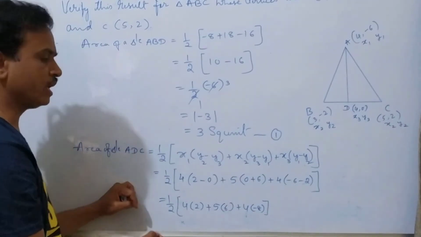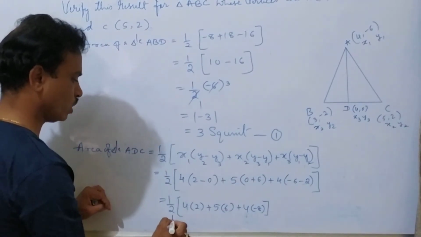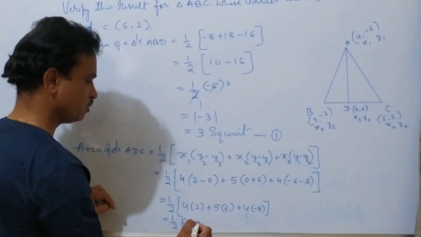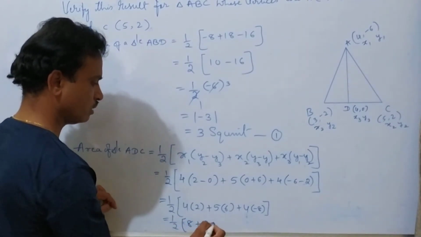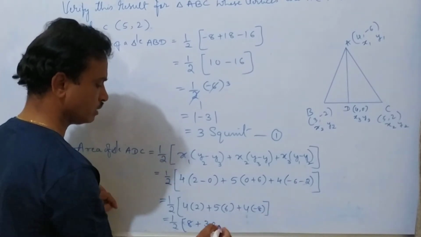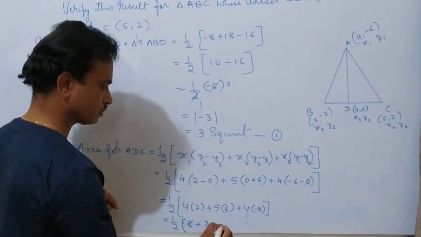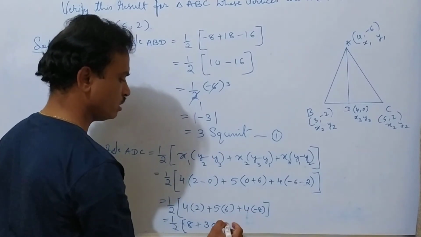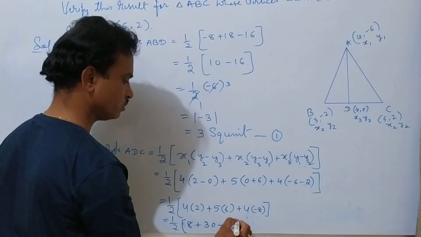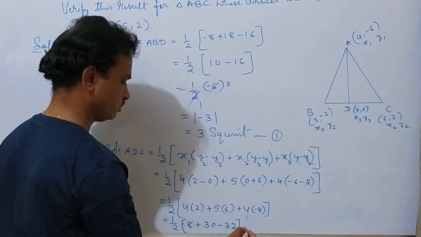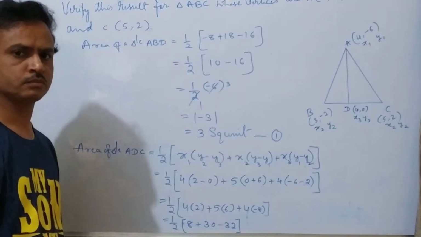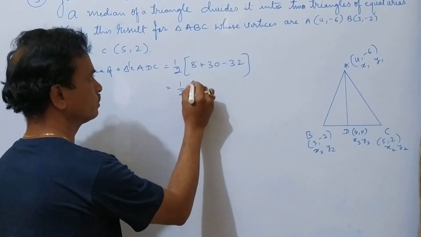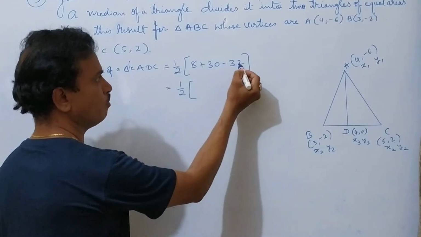Then we multiply, 1 by 2 as it is. 4 2s are 8, 5 6s are 30, plus into minus is minus, 8 4s are 32. So 1 by 2 into (8 plus 30 minus 32).